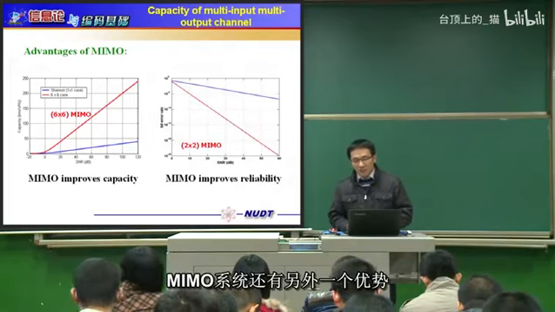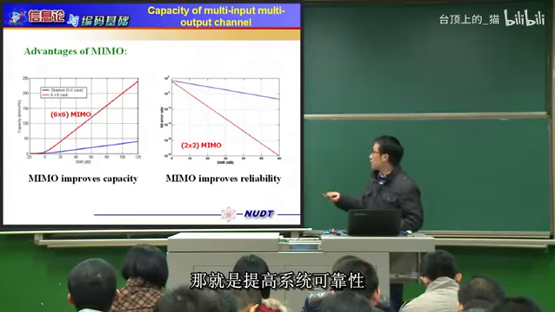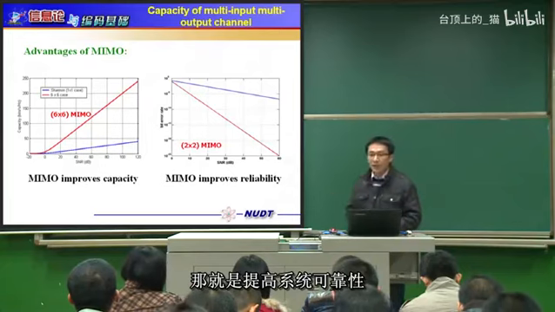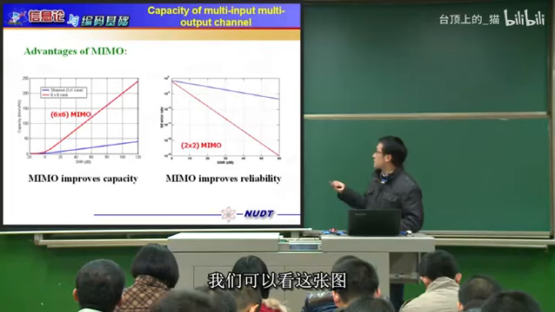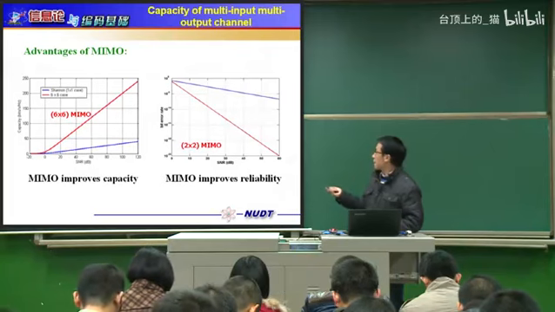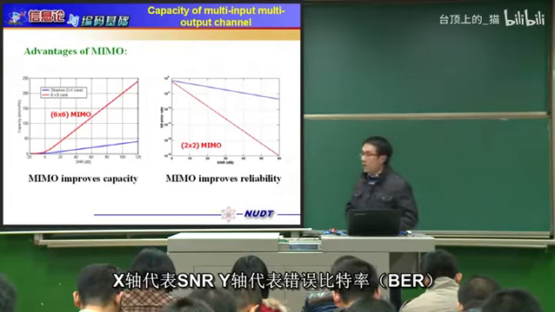And the MIMO system also has another advantage, which is to improve the reliability. We can see from this picture the x-axis is SNR, and the y-axis denotes the bit error rate.